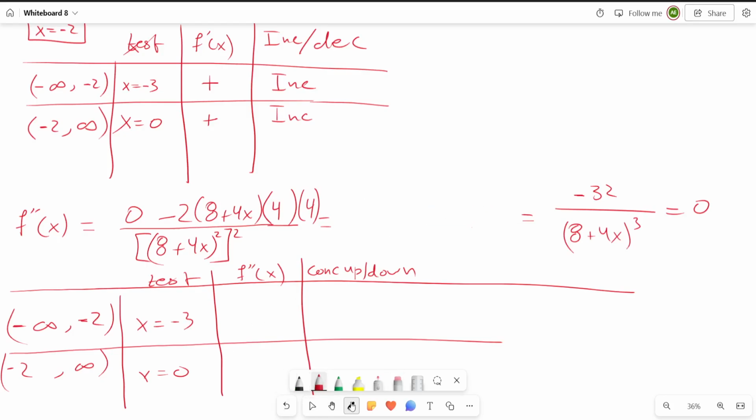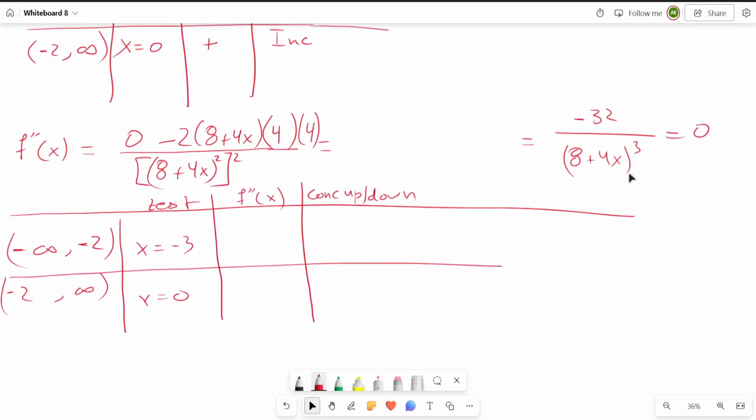Okay, so substituting x equals -3 into here is going to give me -32 over 8 plus 4 into -3. So 8 plus -12, that is a minus. And then minus power 3 is minus. And then minus divided by minus is plus. So I expect a positive answer over here.